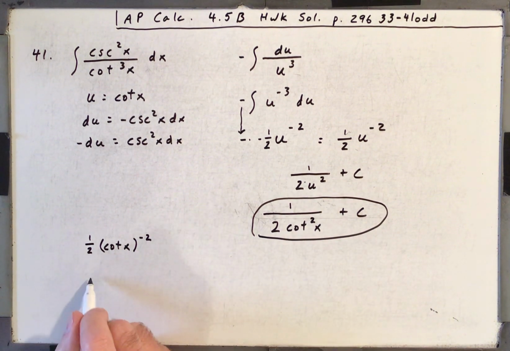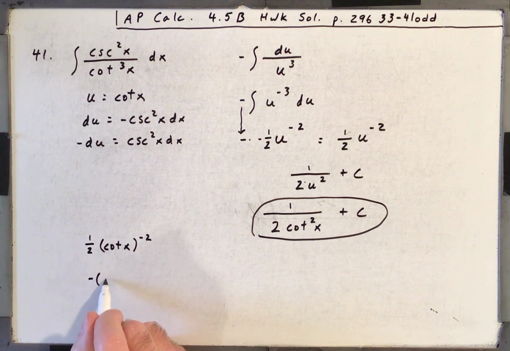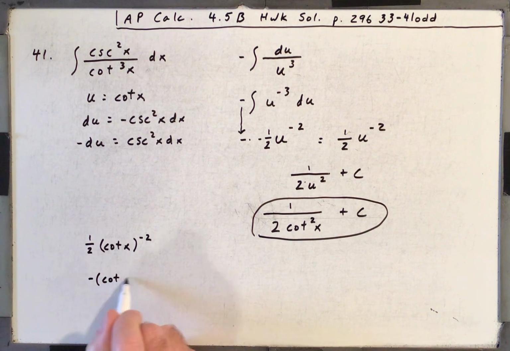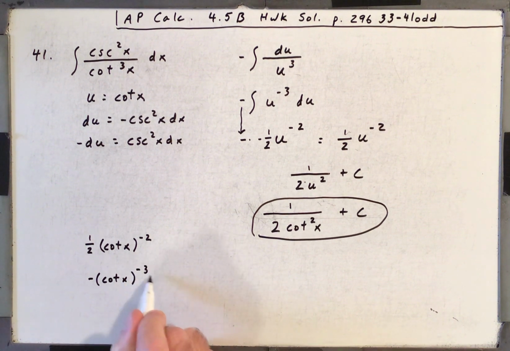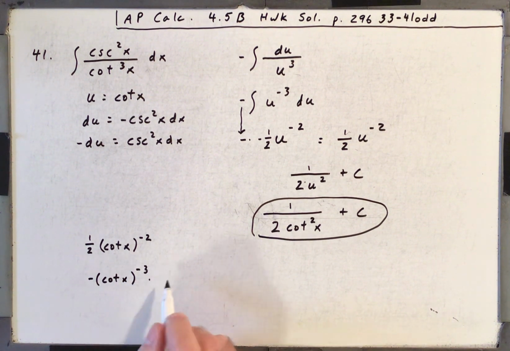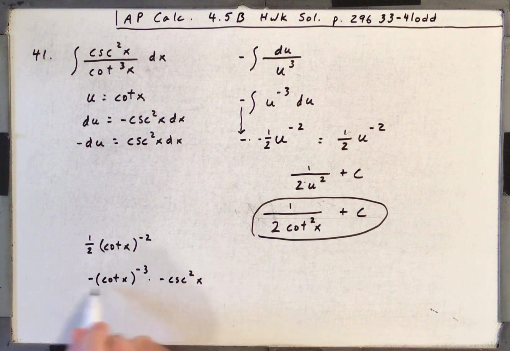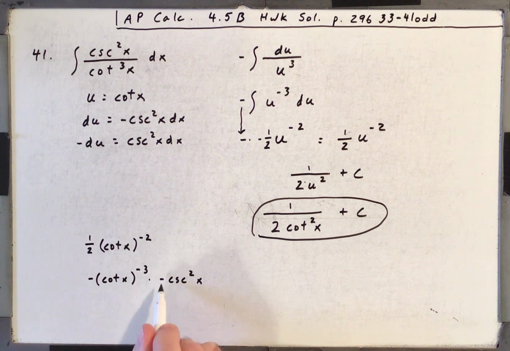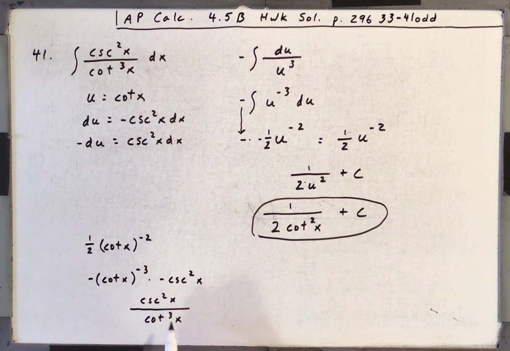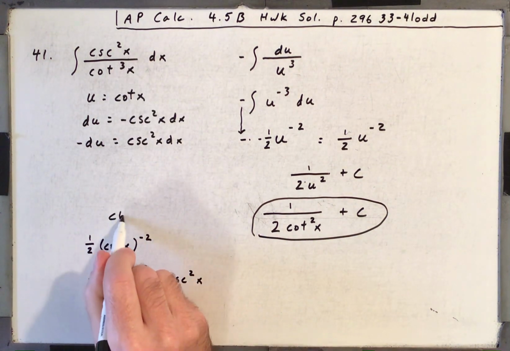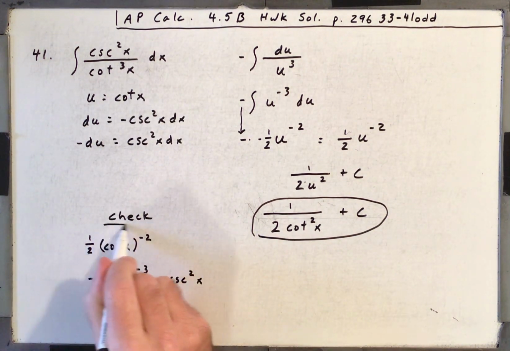So negative 2 times 1/2 is just negative 1 times cotangent x to the minus 3 times the derivative of cotangent, which is minus cosecant squared x. Two negatives make a positive, and you'd end up with cosecant squared x over cotangent cubed x, which is what you got in the beginning. So the check works out.